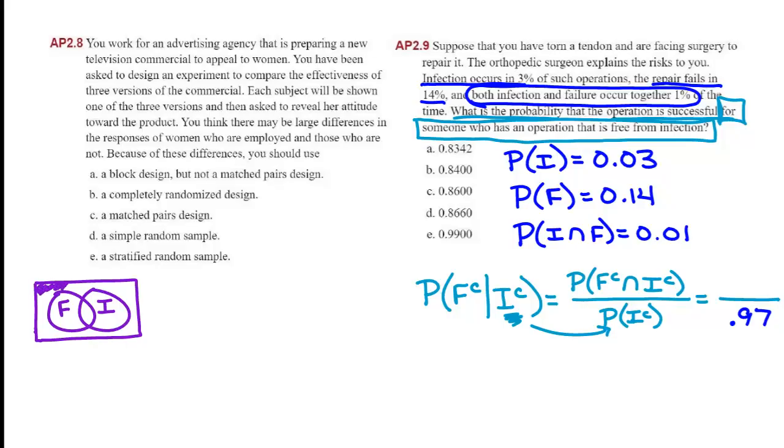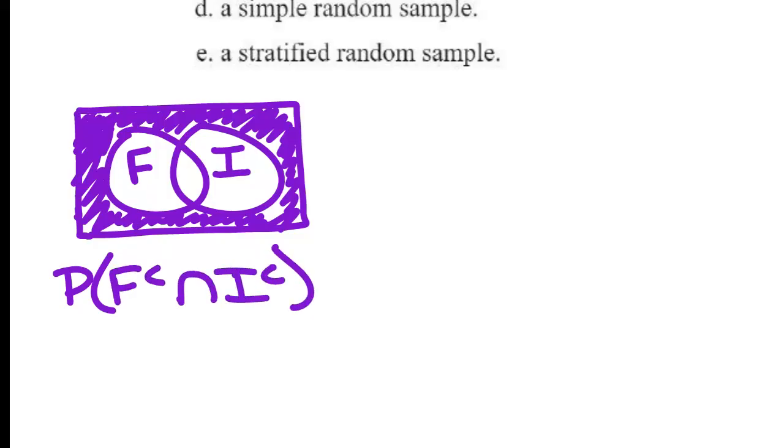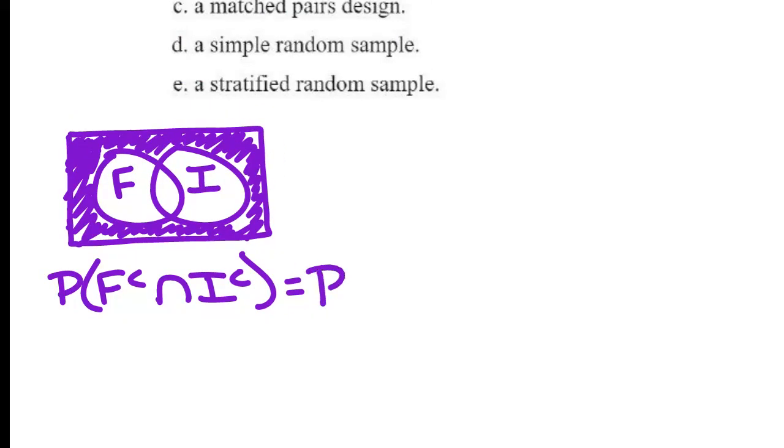So I want to be outside of both the infection and the failure bubbles. This is the probability that I want for my numerator right there. It's the probability of failure complement intersect infection complement. That's exactly the same thing as the probability of failure union infection complement. If I put failure and infection together, and then I look at the opposite of all of that.